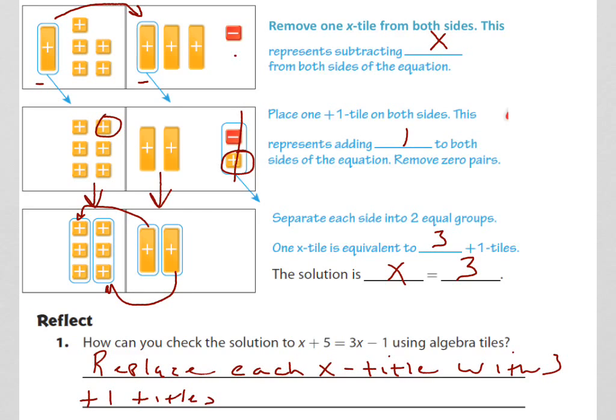And if we do that, we have to make sure that we remove any zero pairs and see if the equation is balanced.